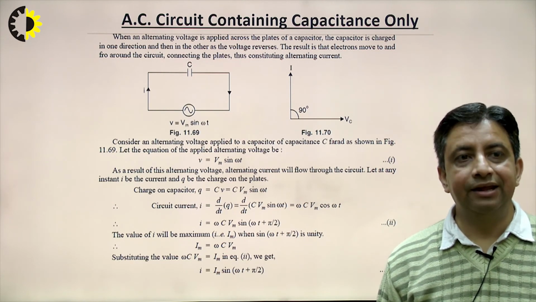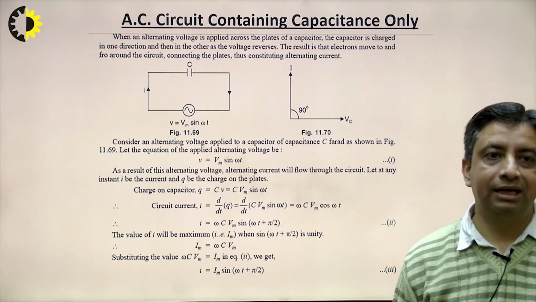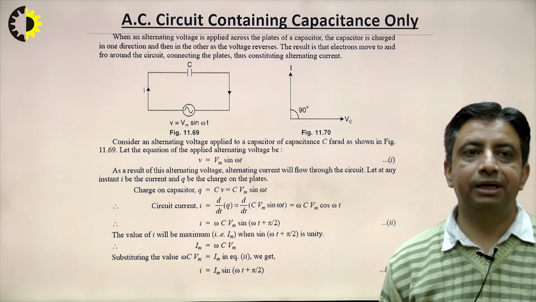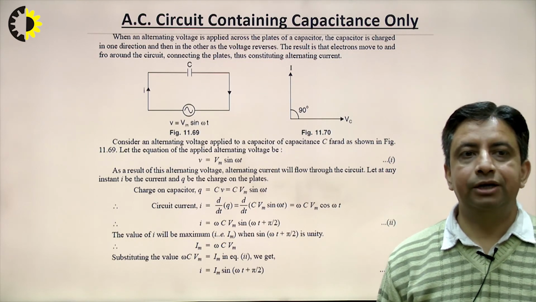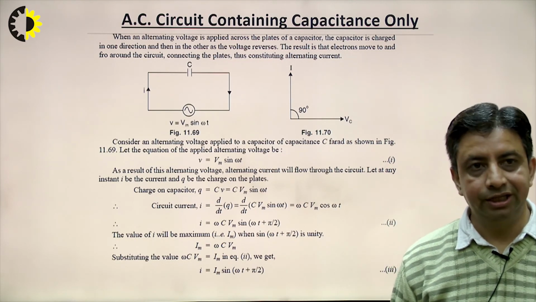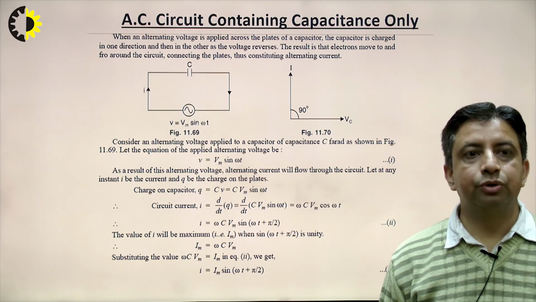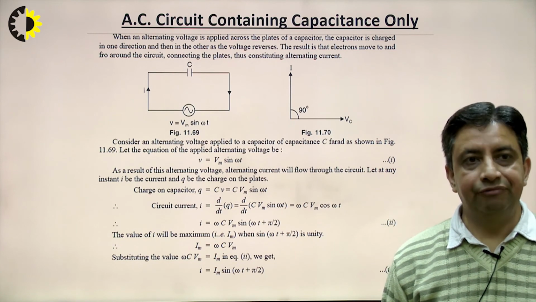Again, this value of current will become maximum when omega t is equal to 0, so this sin quantity will become equal to sin pi by 2, which is again equal to unity. So, that will be the maximum value of the current. So, Im will be equal to omega C Vm.